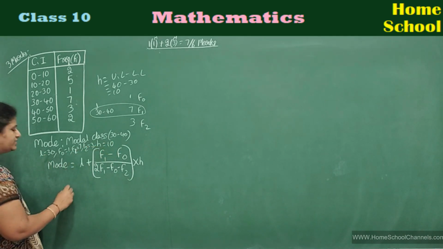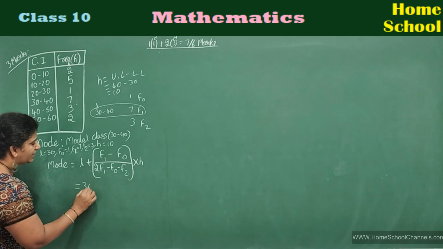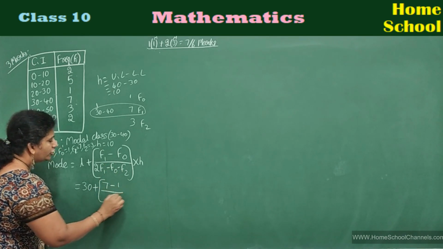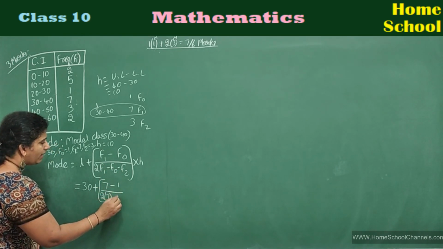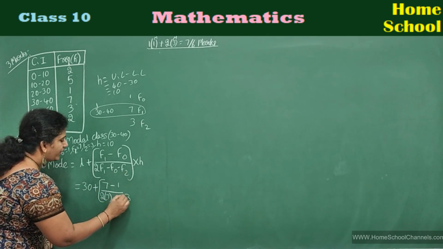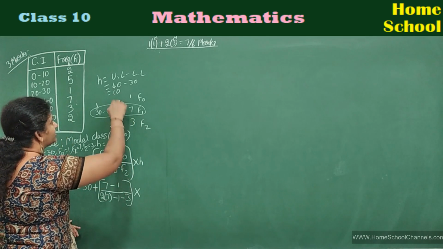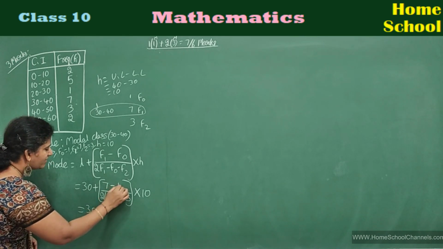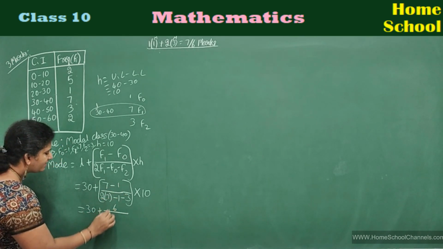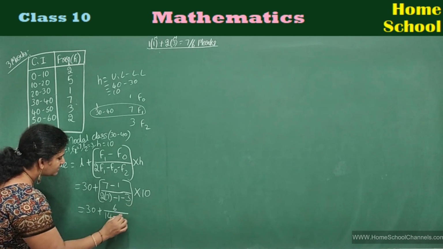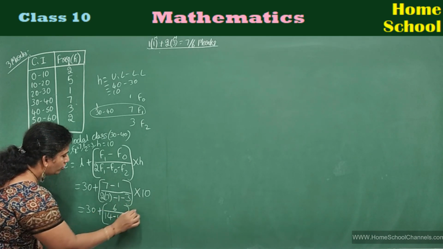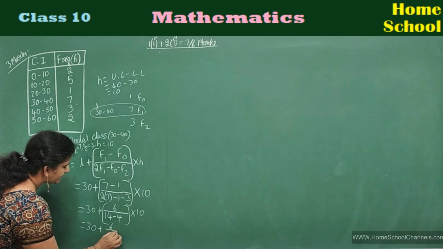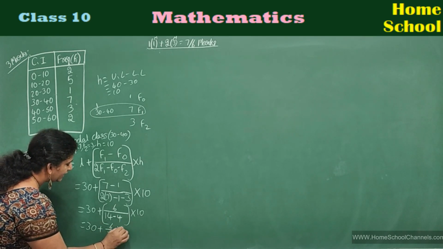Substitute all this in the formula. L value is 30 plus (F1 is 7, F0 is 1) 7 minus 1, divided by 2 into 7 minus 1 minus 3, into H, H is 10. 30 plus 7 minus 1 will be 6. 2 sevens are 14, minus 1 minus 3 will be minus 4, into 10. 30 plus 6 by 10, into 10.